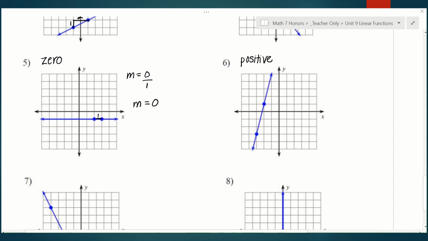And we are going to go rise over run. 1, 2, 3, 4 is my rise. 1 is my run. So 4 over 1, which is just 4.